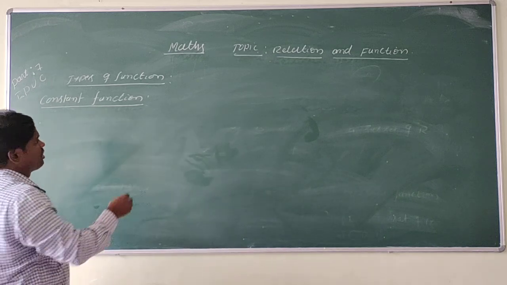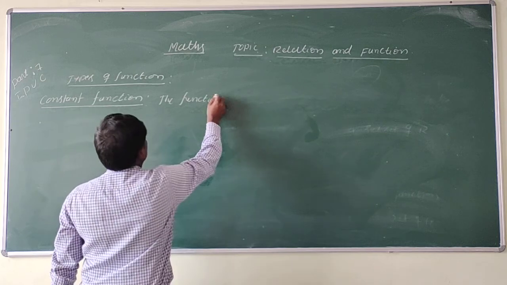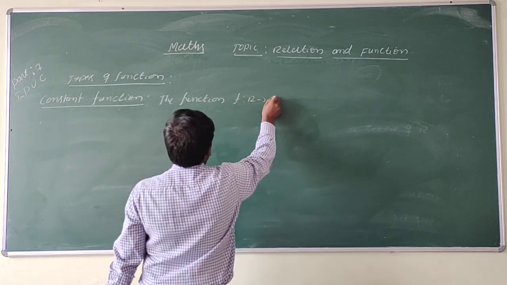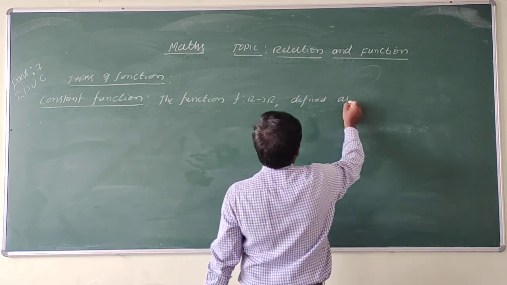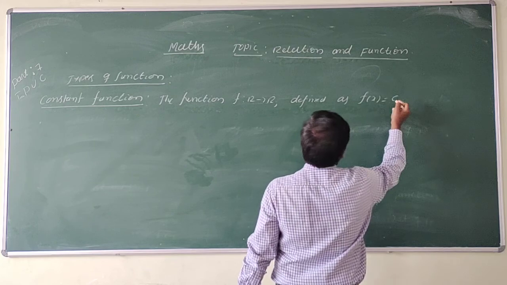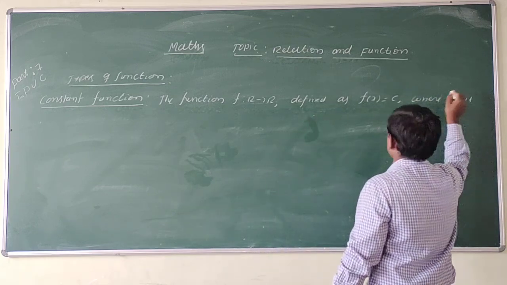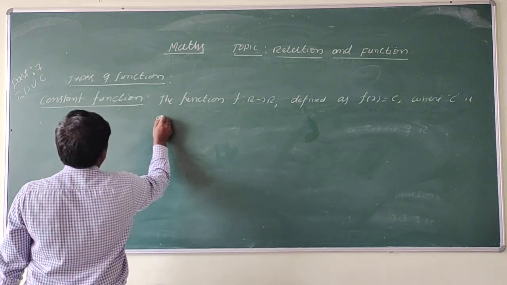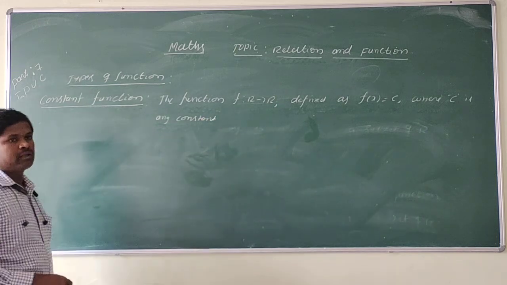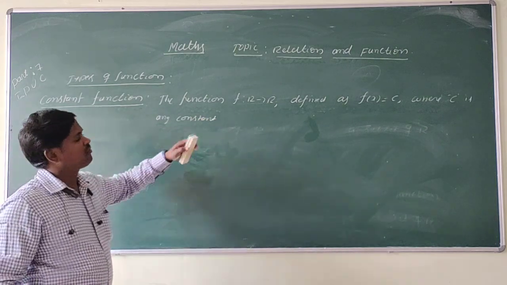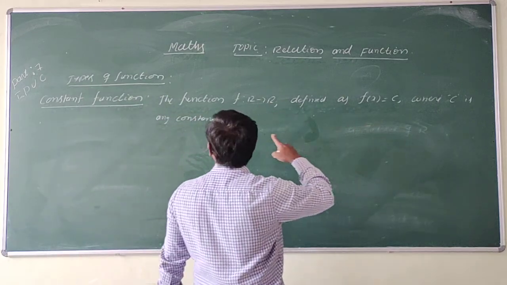So the definition: the function f is mapping from R to R, defined as f of x is equal to c, where c is any constant.